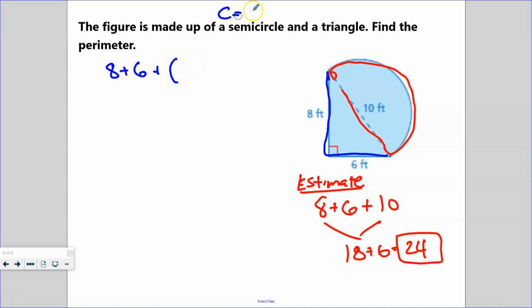So circumference equals 2 pi r, or pi times d. It gives us diameter, so we'll probably use this one. And then we'll divide that by 2 to get half of the circle, okay? So we're saying, okay, well, pi times the diameter, and divided by 2.